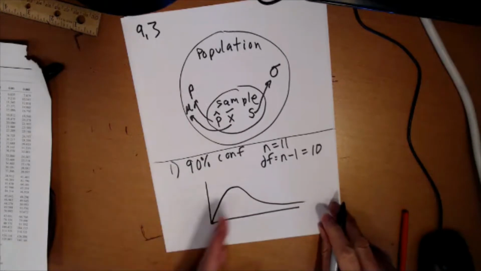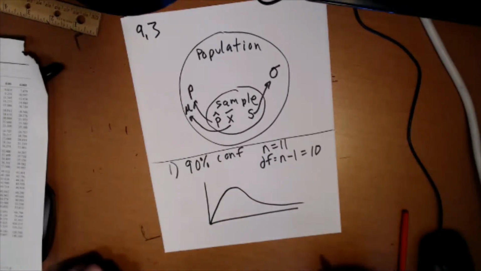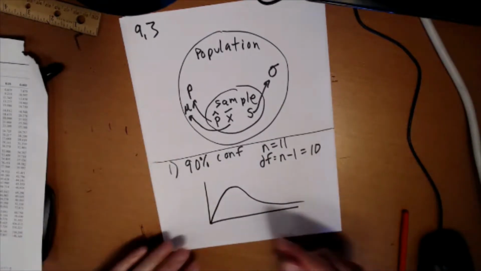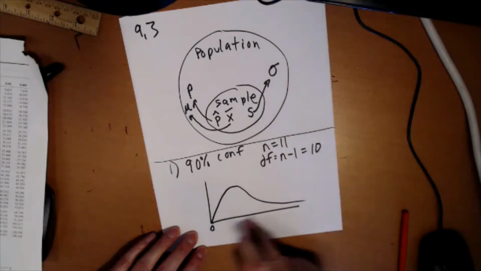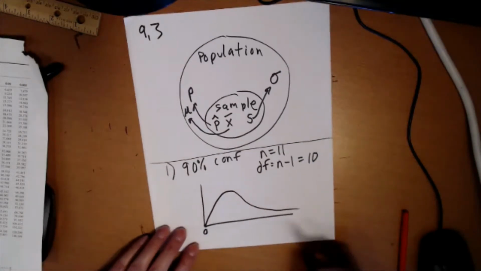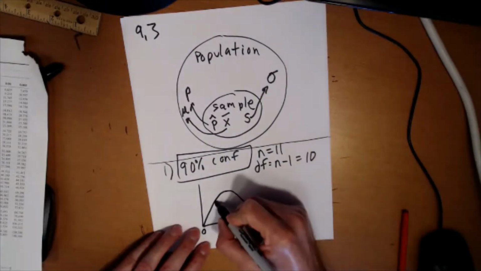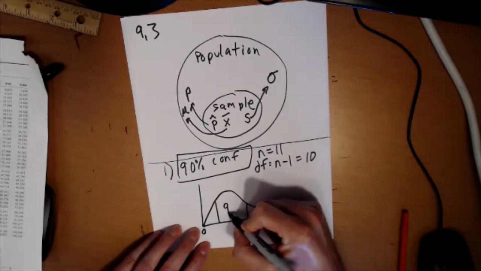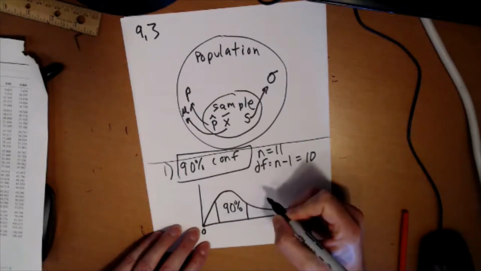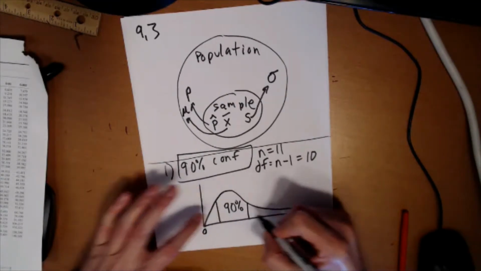It does not go forever to the left. The z table does go forever to the left. So this location right here is 0. Okay, 90% confidence, so that means 90% in the middle. This is familiar. 90% in the middle, that's 10% left over.